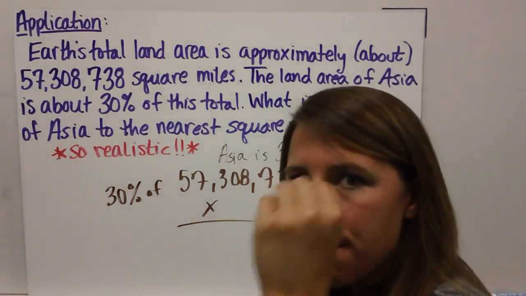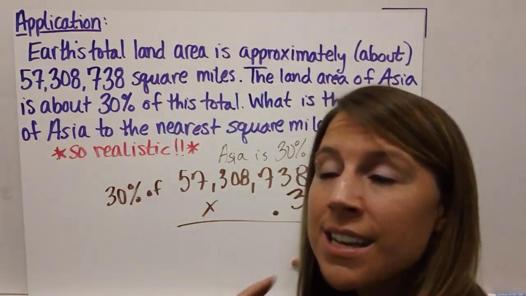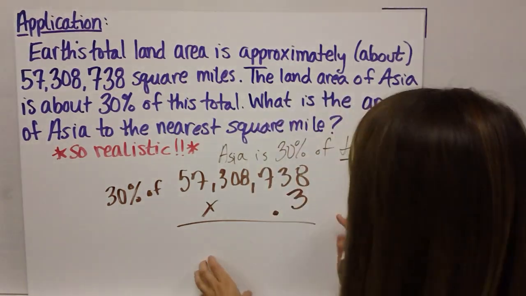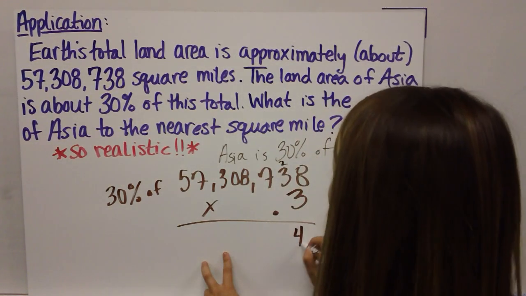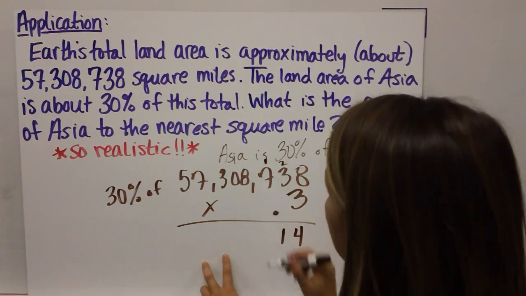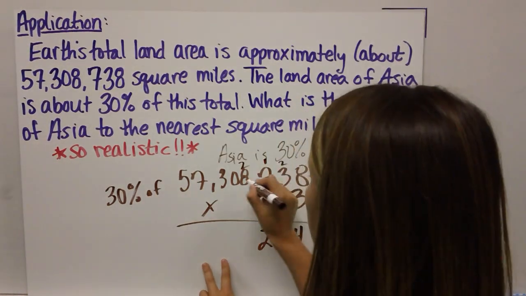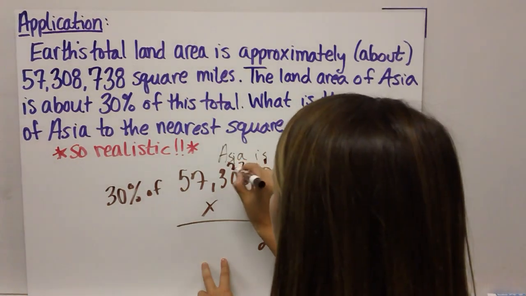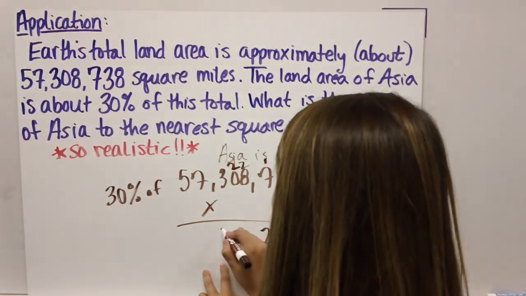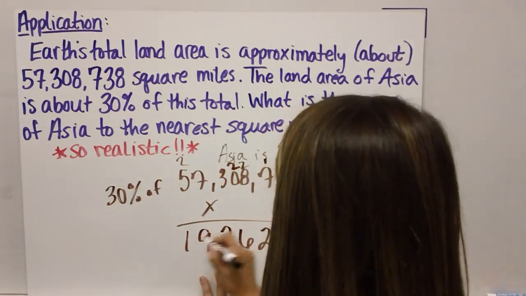So this is going to take some mental math and some time, but time is always something worth putting into your work to make it nice and quality. 3 times 8, 24. 3 times 3 is 9, plus 2 is 11. 3 times 7, 21 plus 1 is 22. 3 times 8 is 24, plus 2 is 26. 3 times 0 is 0, plus 2 is 2. 3 times 3 is 9. 3 times 7, 21.